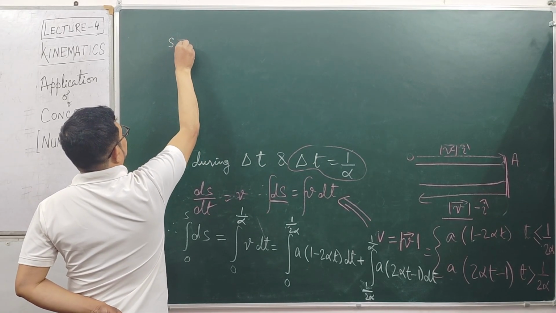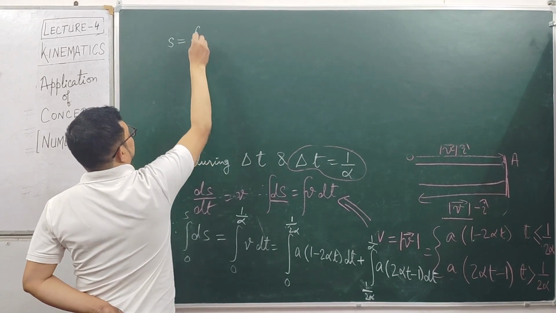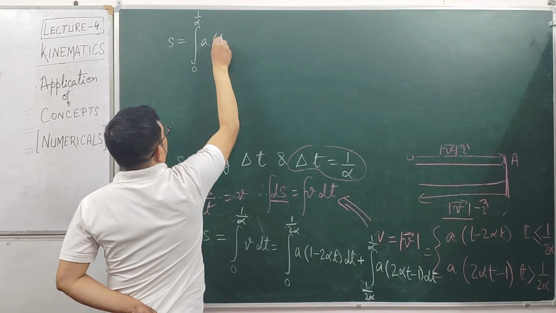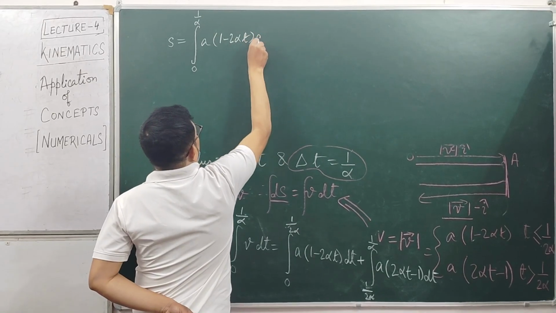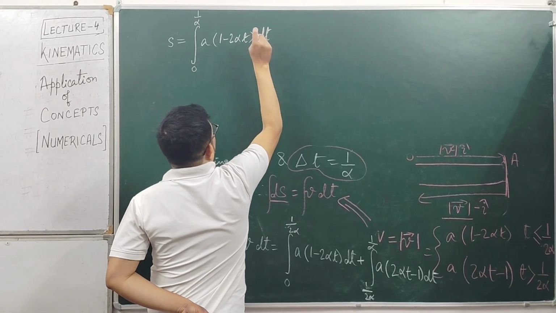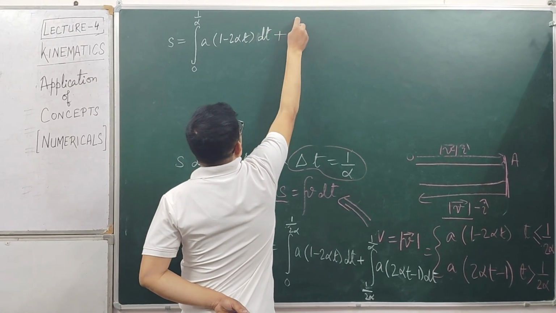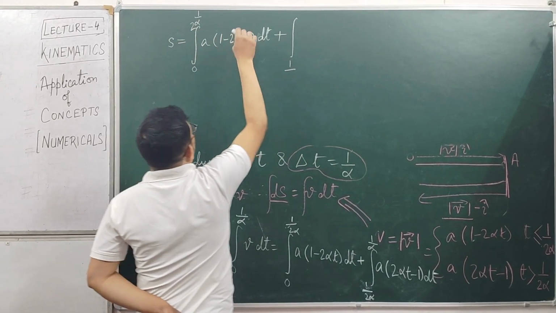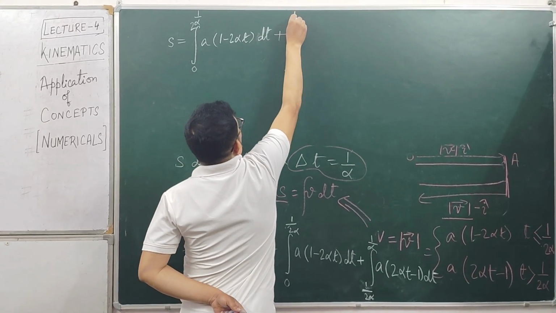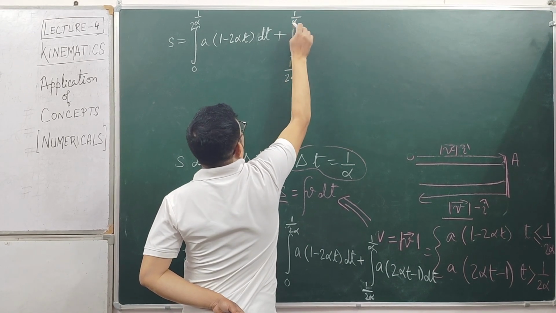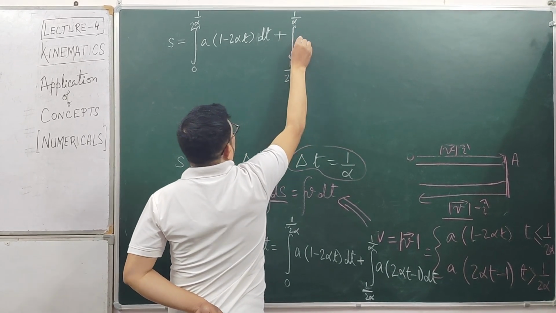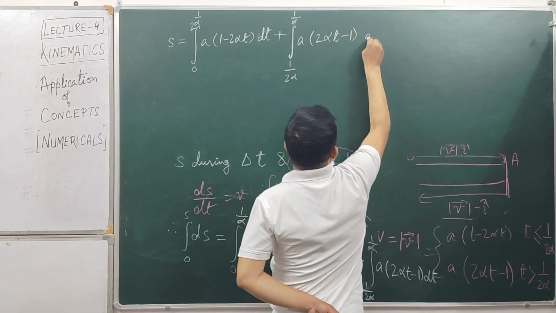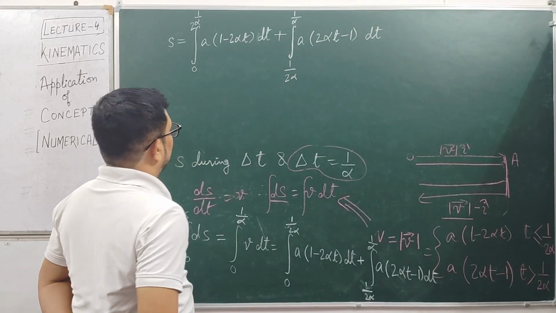When we integrate this, it's going to be from 0 to 1 over 2α, and we have the function a(1 - 2αt) dt, plus, from 1 over 2α to 1 over α, and for this we have a(2αt - 1) dt. This is what we need to integrate.